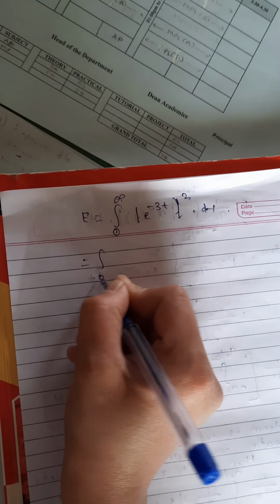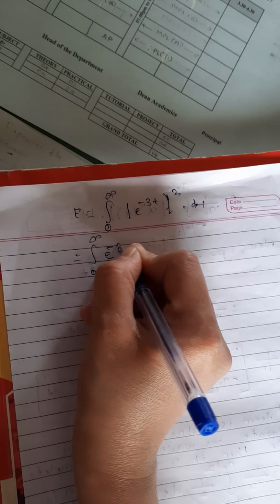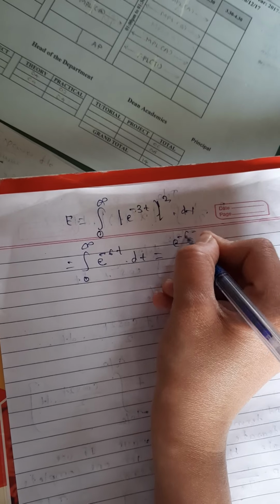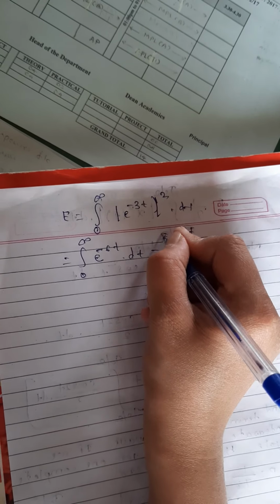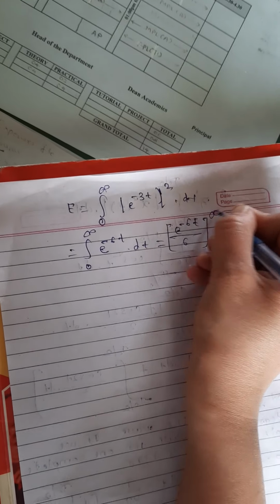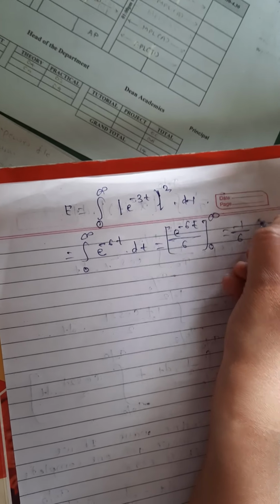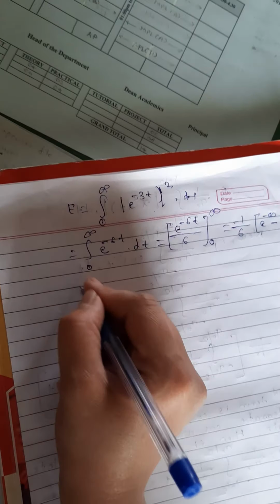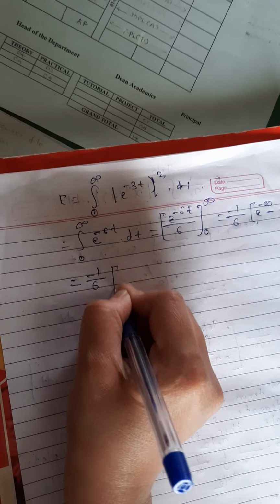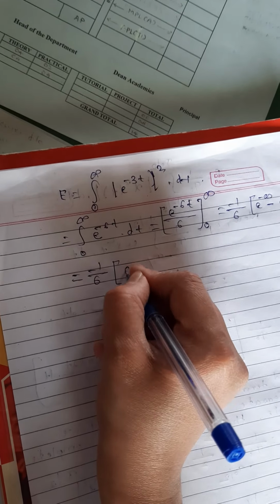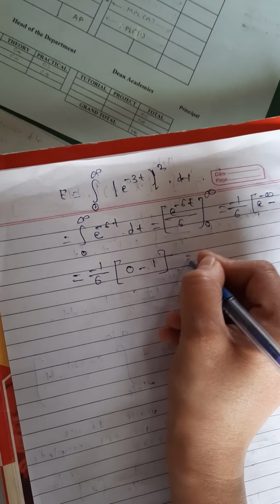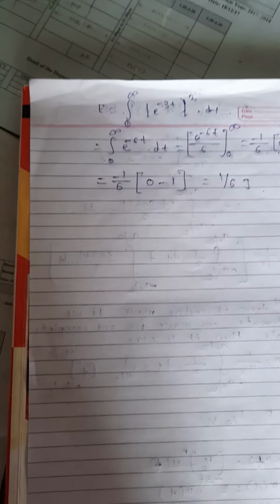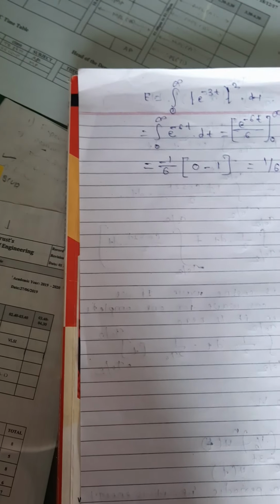So it is 0 to infinity e raised to minus 6t dt. So we solve this integration, it is e raised to minus 6t by minus 6, from 0 to infinity, so it is minus 1 by 6 times e raised to minus infinity minus e raised to 0. e raised to minus infinity is 0, e raised to 0 is 1, so it is 1 by 6 joule. So this is the energy of the given signal.